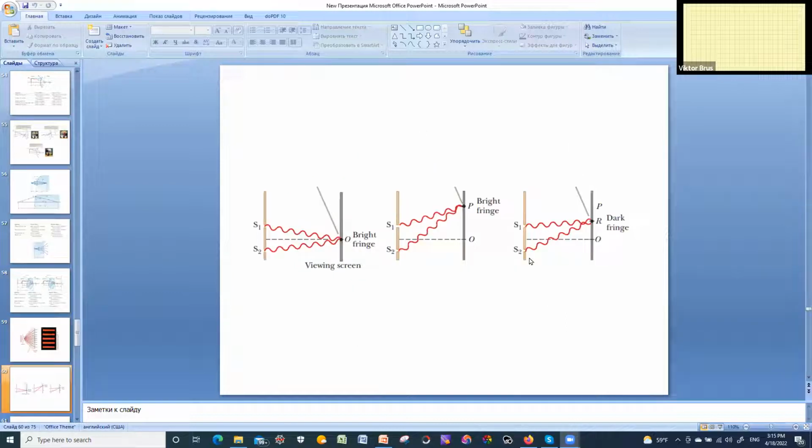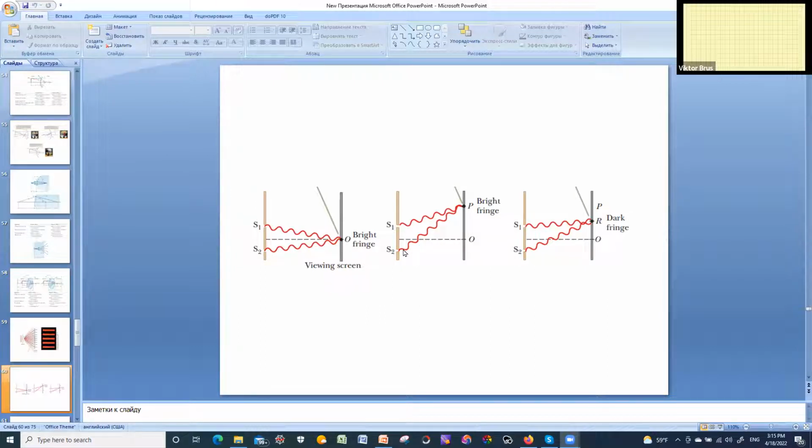So as we said, there's a wavelength, which means the frequency is also the same; the wavelength is the same, the frequency is the same.